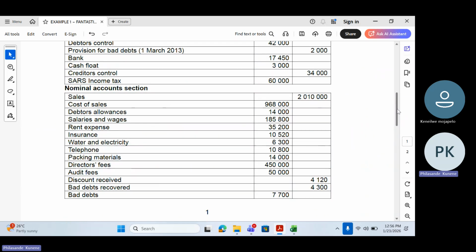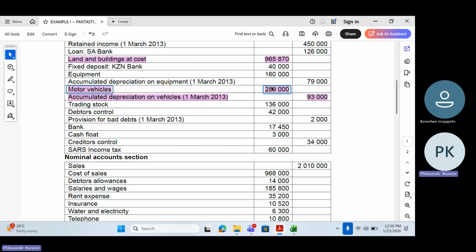We said it is included in this 289, which means this is no longer a cost at the beginning. It is now a cost at the end. Do you agree? Yeah. This is no longer a cost at the beginning. It is now a cost at the end, because included in this amount is the vehicle that was purchased during the year.